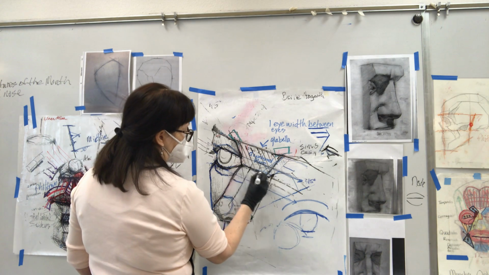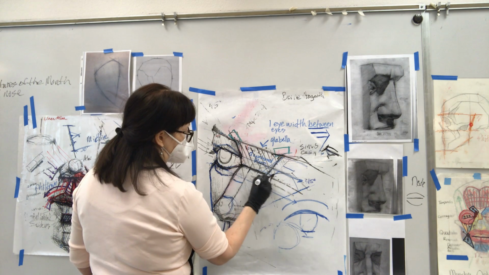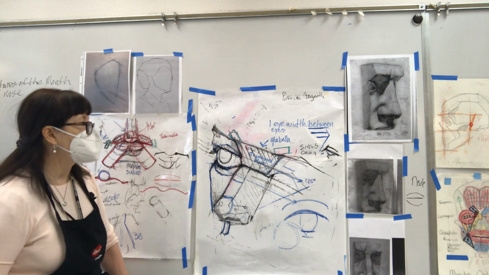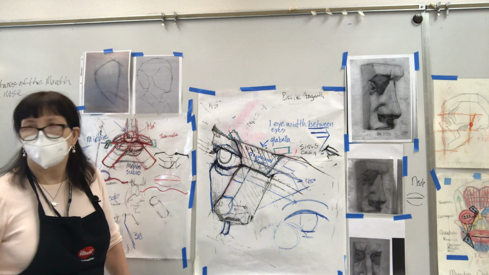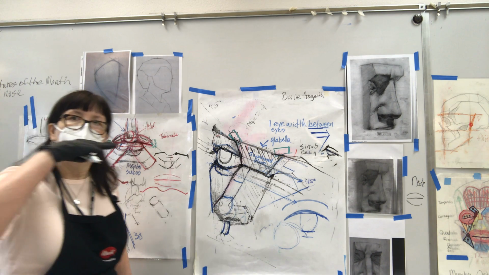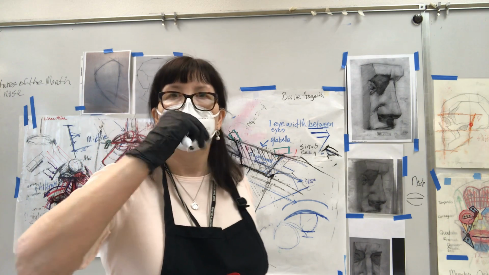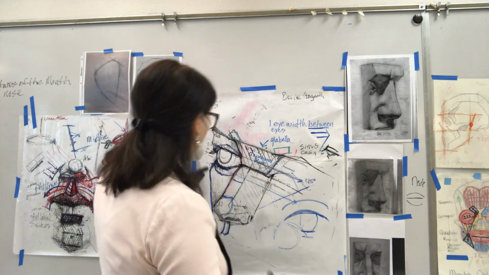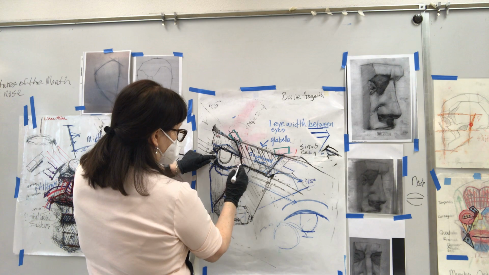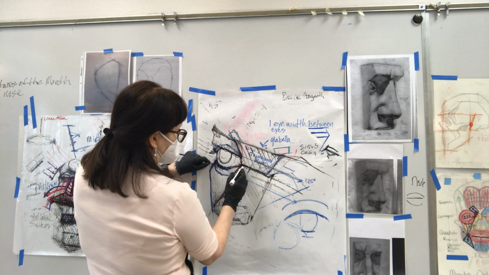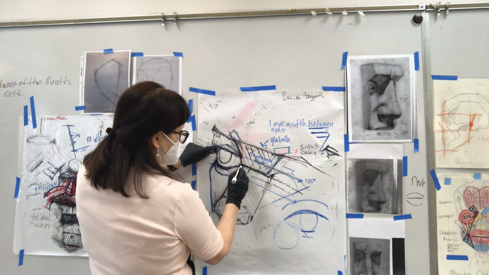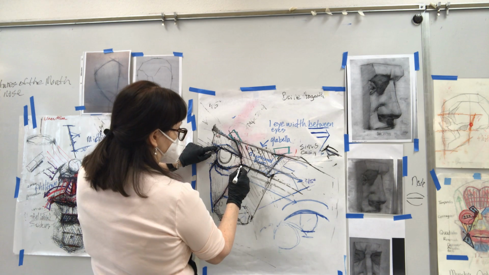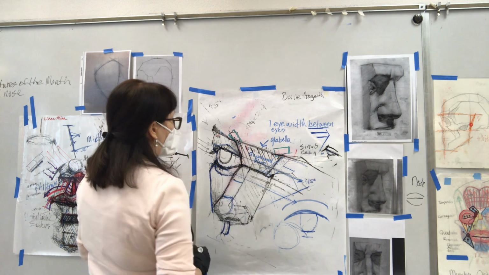So you'll always see an intersection right here. The important part about that landmark, when the eye is at rest, in other words, when you're looking straight out at eye level, is that you'll often see a correlation between this and where the opening of the eye is. So this upper lid is usually lining up right here.